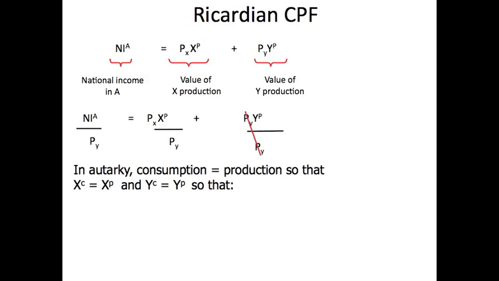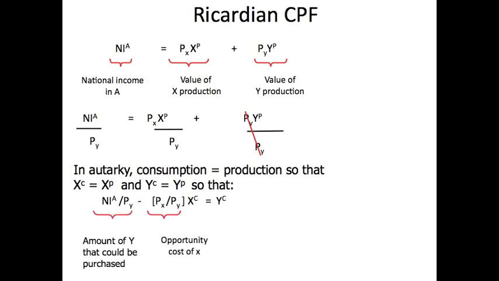So when we have this autarky situation, we can then take a look at the national income line as representing, over on the left, the total amount of Y that could be consumed if all national income was spent on good Y. That's national income divided by P_Y. P_X over P_Y, the familiar relative price, is the trade-off in consumption between buying good X or good Y. It's the relative cost, if you will, the opportunity cost in consumption.